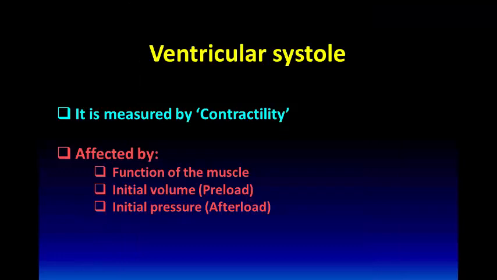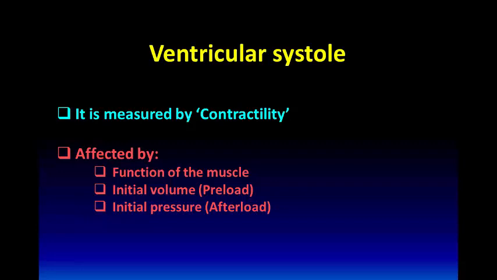Ventricular systole is measured by contractility, and it is affected by the function of the ventricular muscle and by the initial volume of the blood which is present in the ventricle before systole begins, and this is known as the preload.